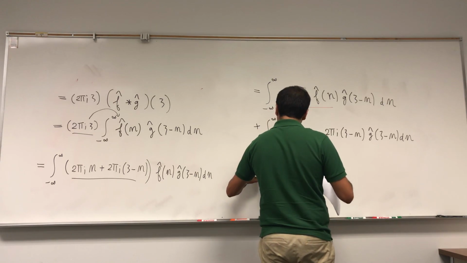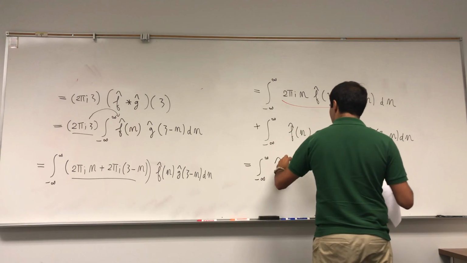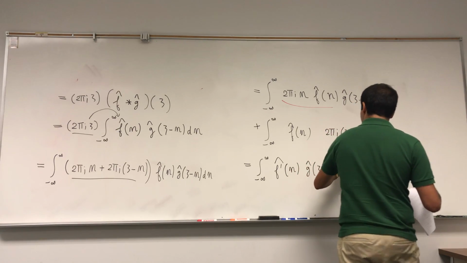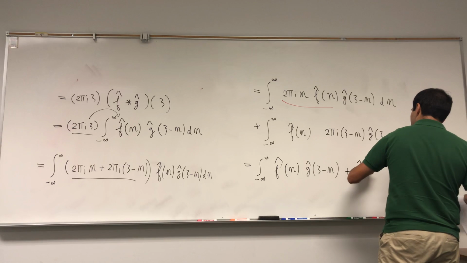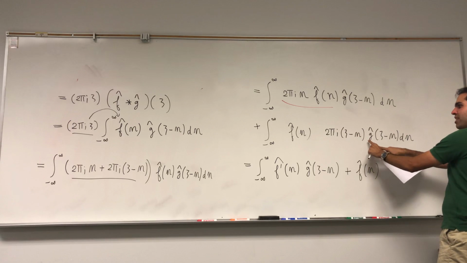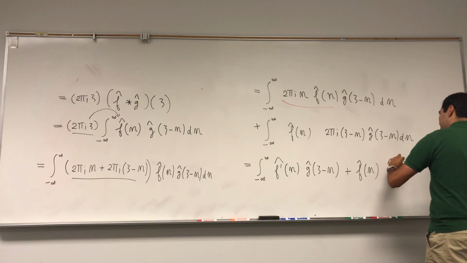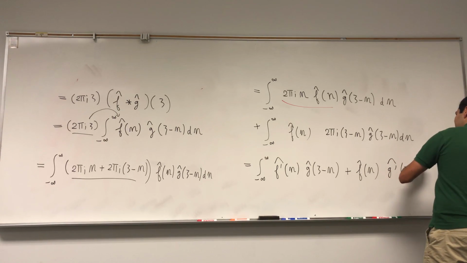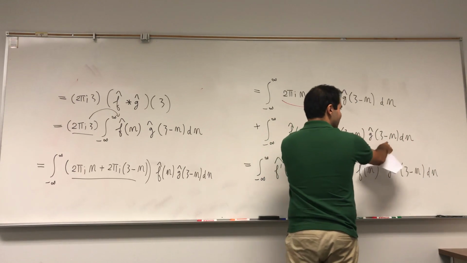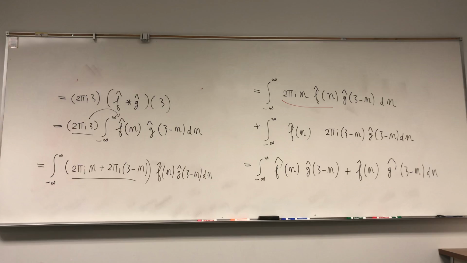So you're left with the integral from minus infinity to infinity of f prime hat of eta, g hat of xi minus eta, plus f hat of eta, and then here it also becomes the same thing. This becomes the Fourier transform of g prime with the argument xi minus eta. And it's precisely because those two things have the same argument that we had to separate it into eta and xi minus eta.